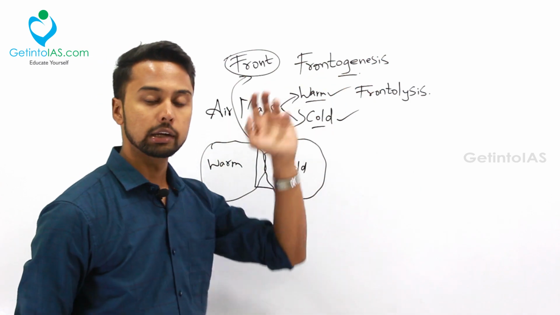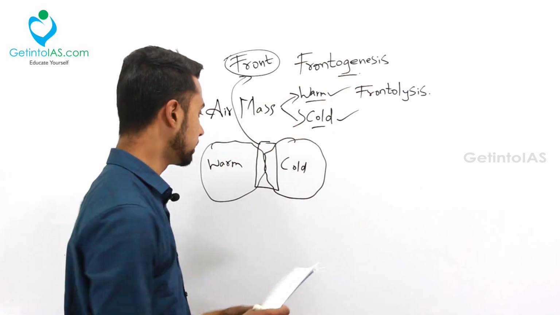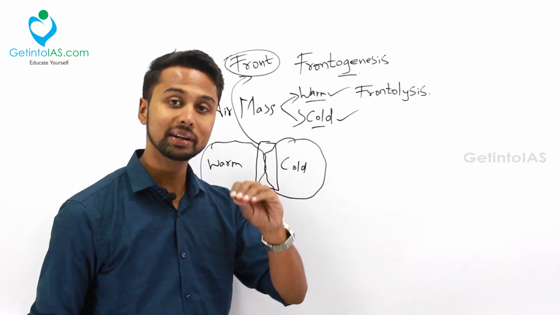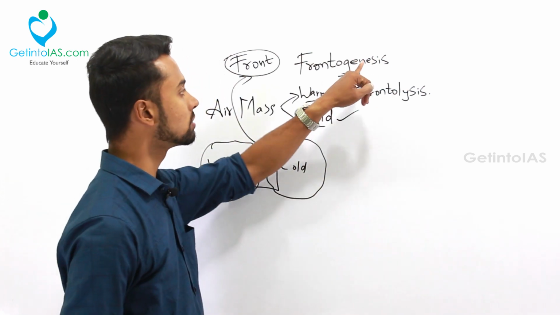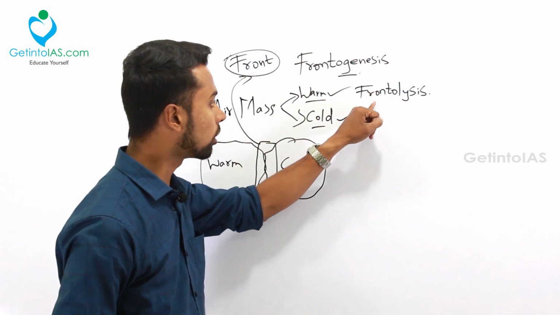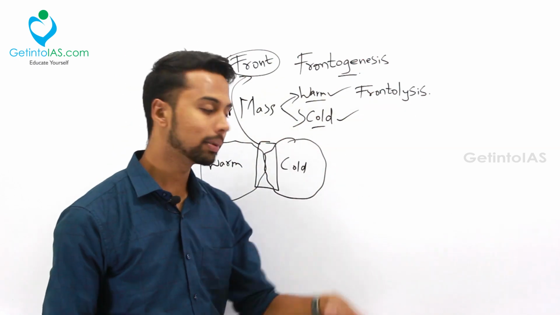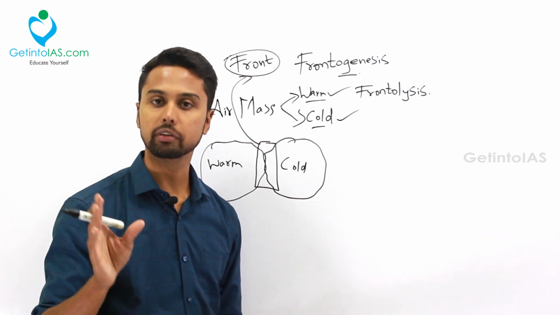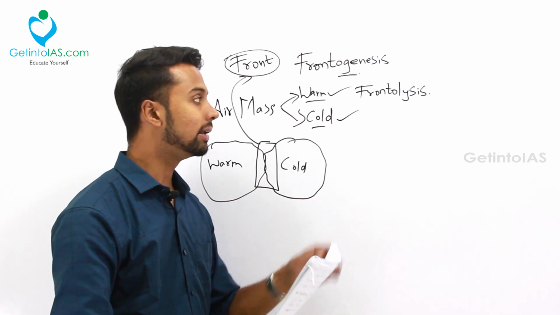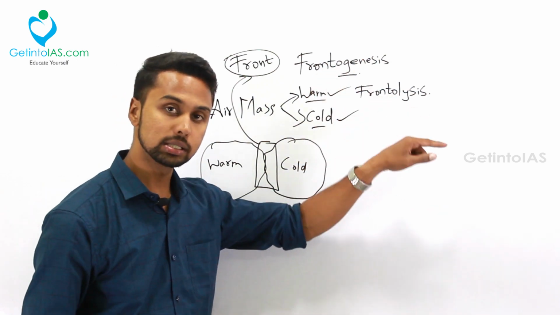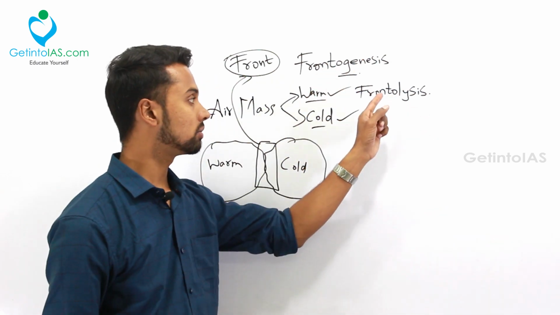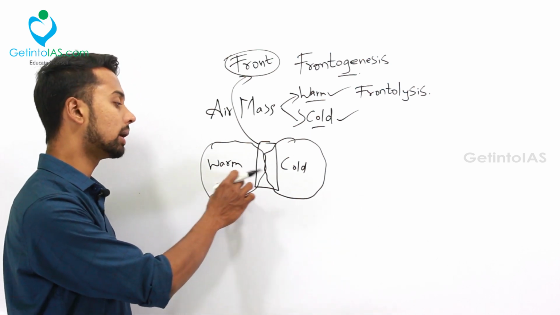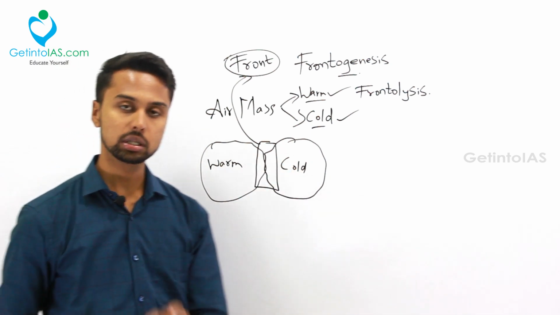Frontogenesis is when a new front is created or when it is regenerated. And frontolysis is the dying of a front, when a front is dying or getting removed away. When it is created, it is known as frontogenesis, and when it is dying out, it is known as frontolysis. And front is nothing but a boundary between a warm air mass and cold air mass. So these are the terms involved.